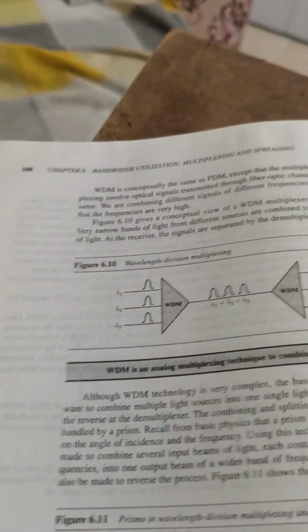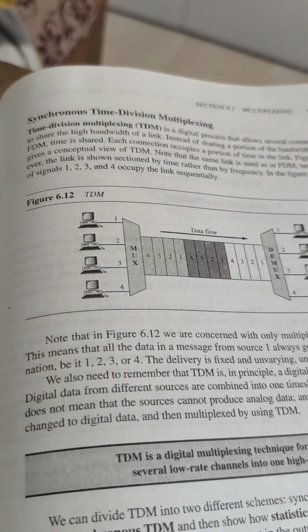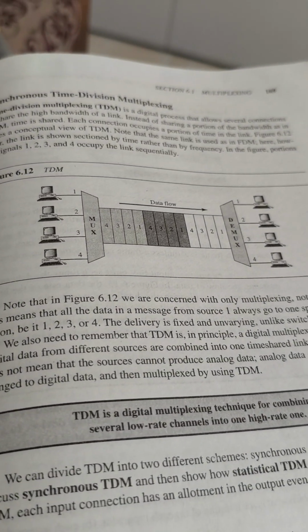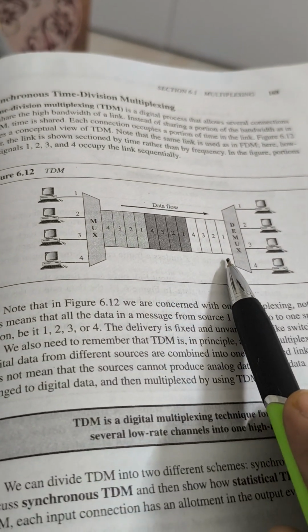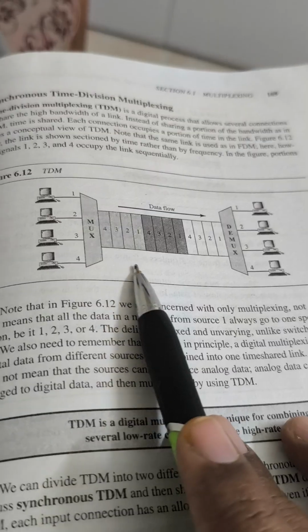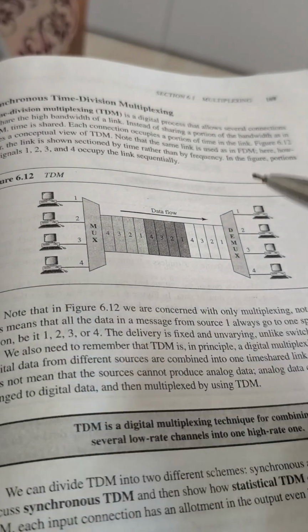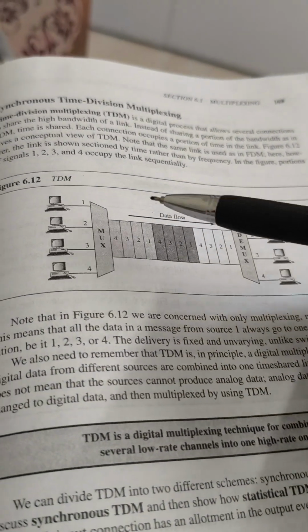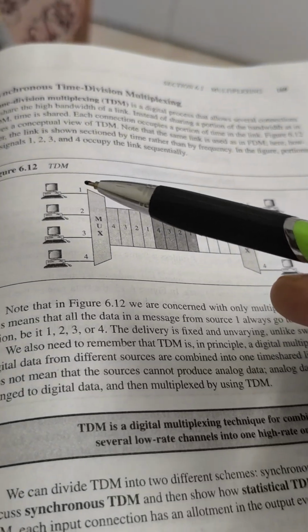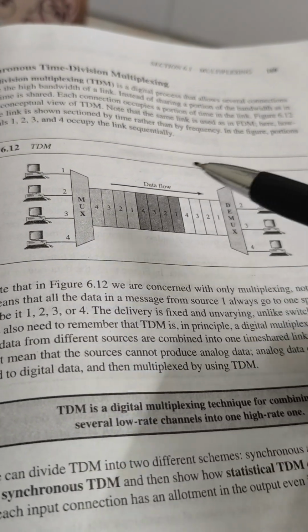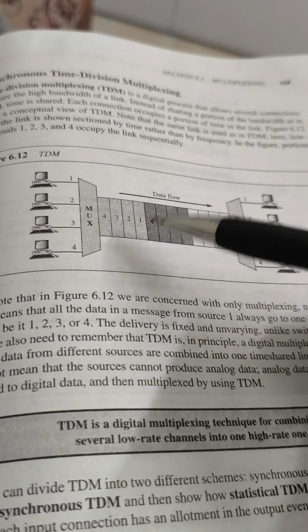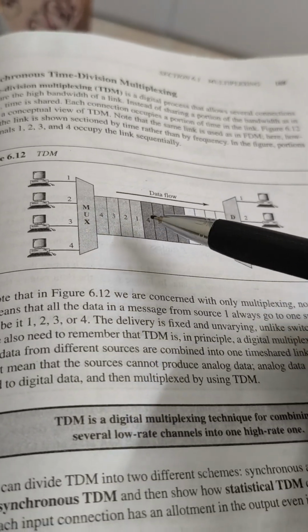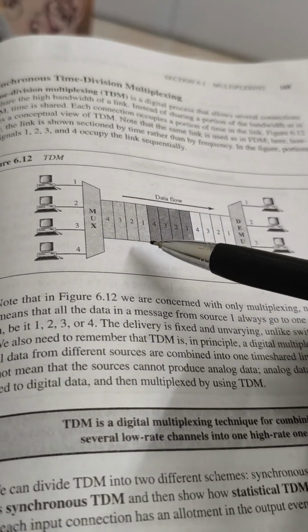That is time division multiplexing. In time division multiplexing, we do not divide the channel in terms of frequency. We divide the channel in the form of time slots. For example, when this system wants to utilize this link or medium to transmit information, we give it a time slot, for example 2 seconds, 3 seconds.